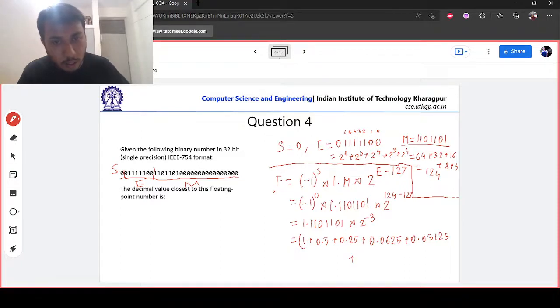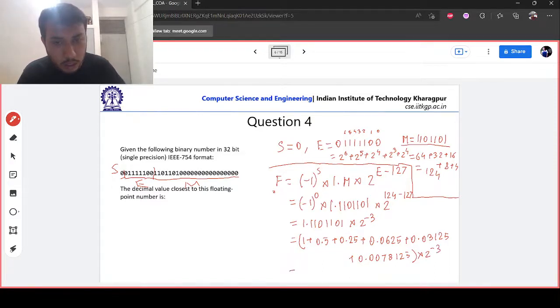Next, this one is 0, that is this one is 1. So for this one you need to divide this by 4, so it becomes 0.0078125 into 2 to the power of minus 3.